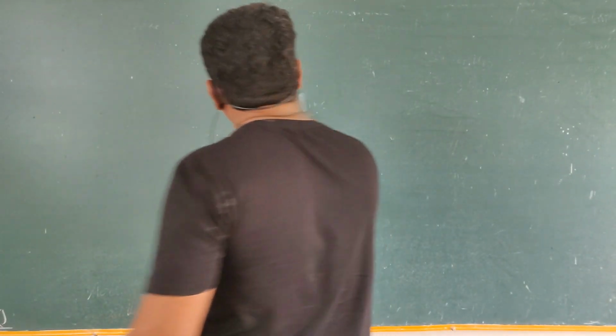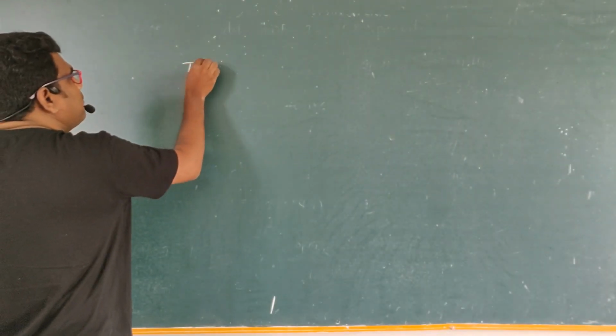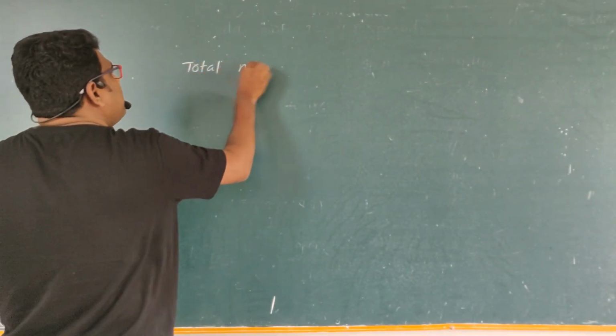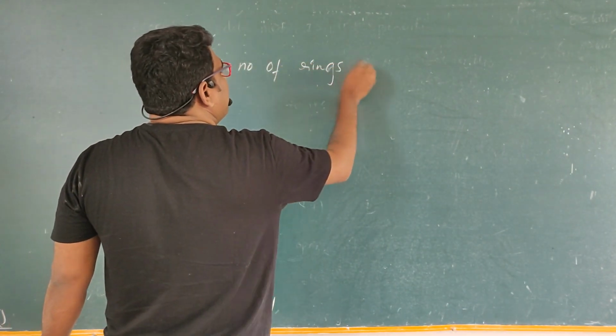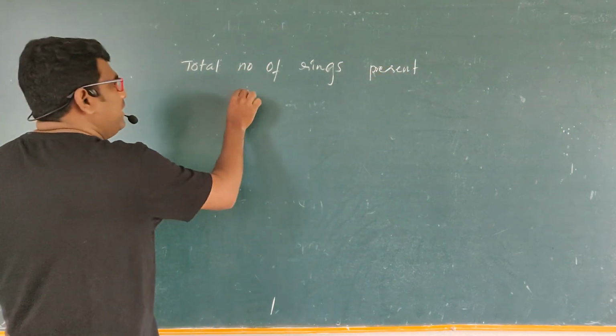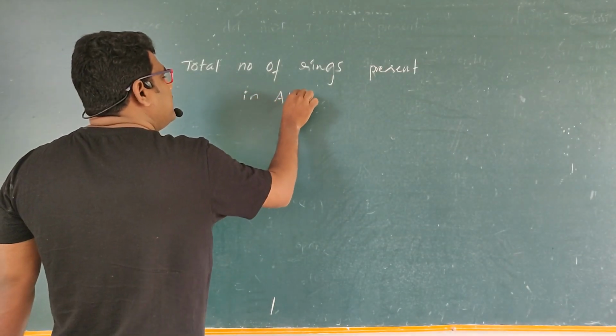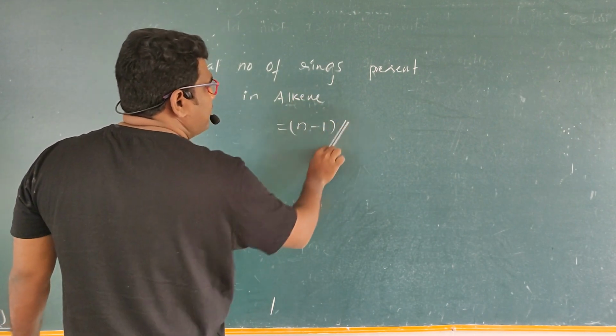Okay. In the same alkene, how to calculate the total number of rings present? The total number of rings present in alkene is n minus 1, that is the formula, my dear student.